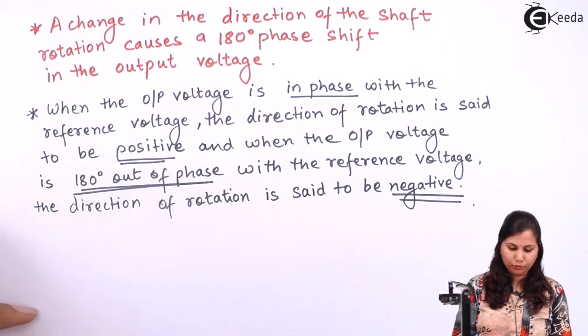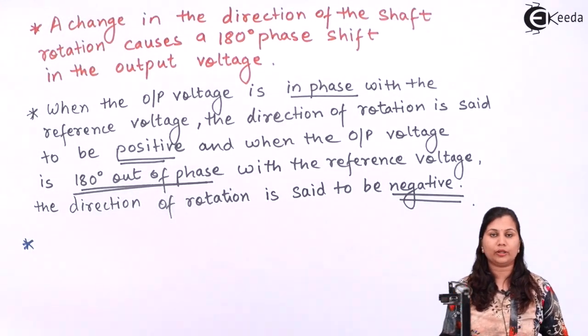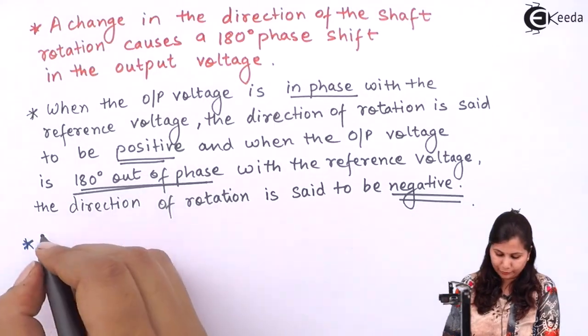So this output voltage, how can we write the equation for this output of the tacho generator?